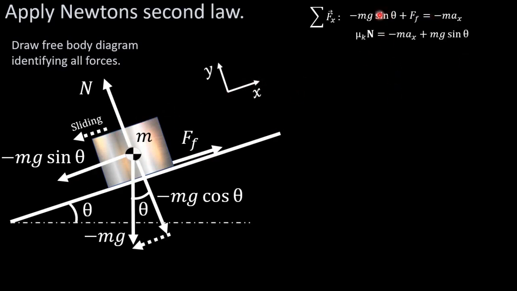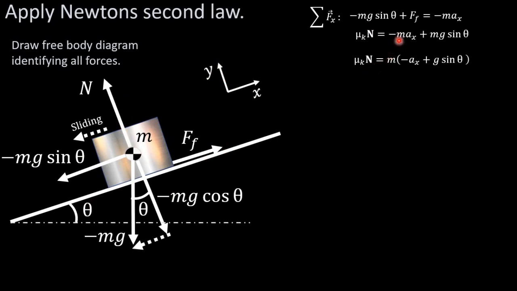Then I add this term to both sides and substitute the force of friction with the coefficient of kinetic friction times the normal force, and I get this. It's the coefficient of kinetic friction because now the particle is sliding downwards. Theta has exceeded inverse tan of the coefficient of static friction, so it's sliding downwards.